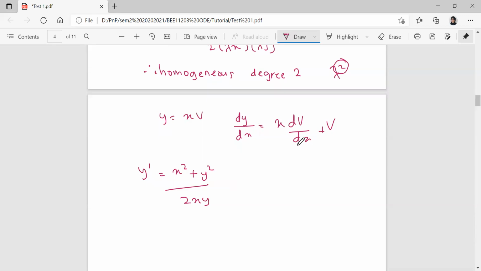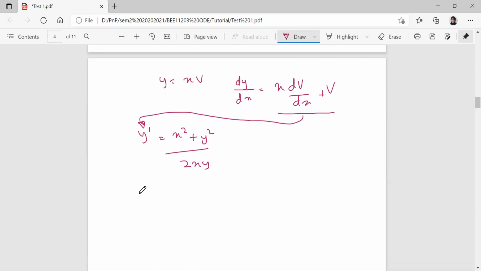So we replace y prime, and now we have x dv over dx plus v equals x squared plus y squared divided by 2xy, and we replace y with xv.